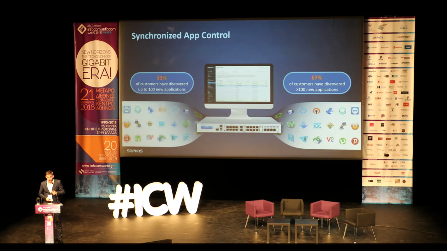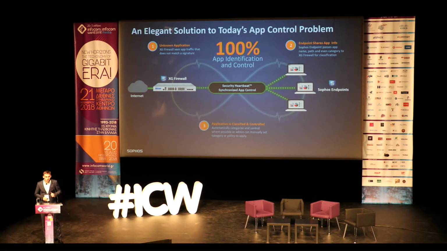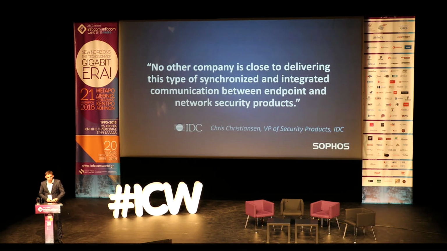And one thing very important and very unique on the market: because we have our endpoint solution and our firewall solution, we are able to share information not only regarding the infection, but also regarding the application. If we don't know an application in our XG firewall, we are able to send information directly to the endpoint, ask about the process, and then create new signatures, and we can create security policy in our network using only the signatures which we have.